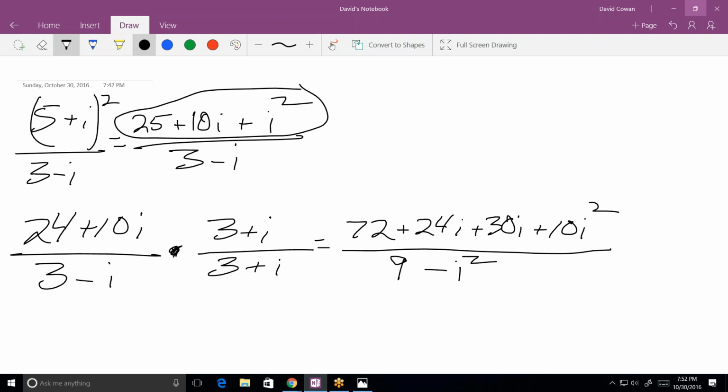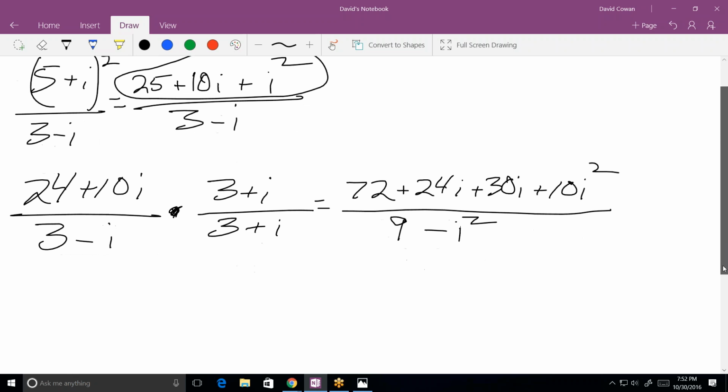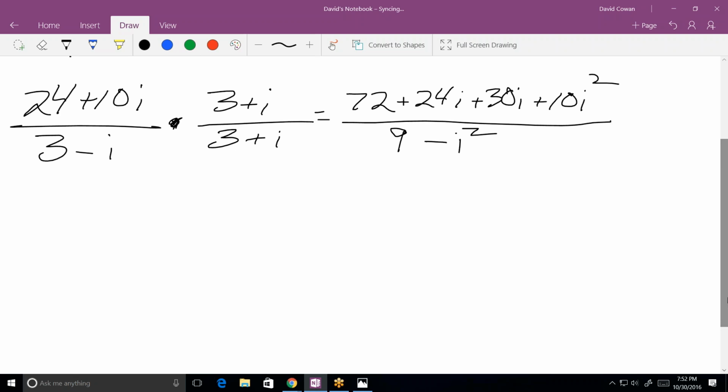Better to do it like this and then simplify. What's the top become? 10i squared becomes a negative 1, so that's a negative 10. Combine it with the other real part of the numerator. 62. Okay, combine your i terms.